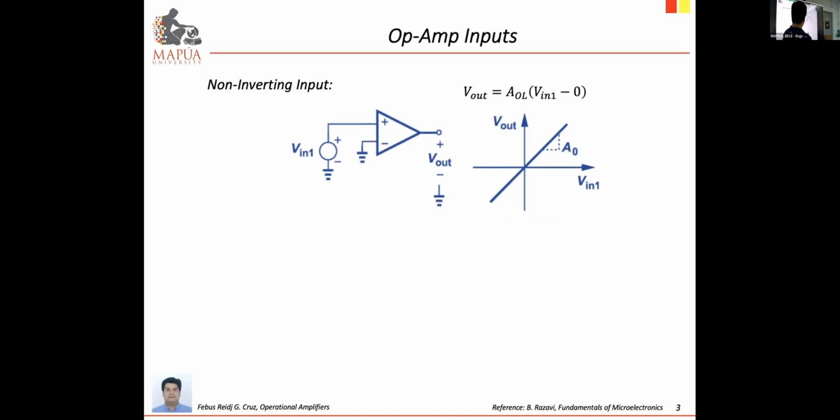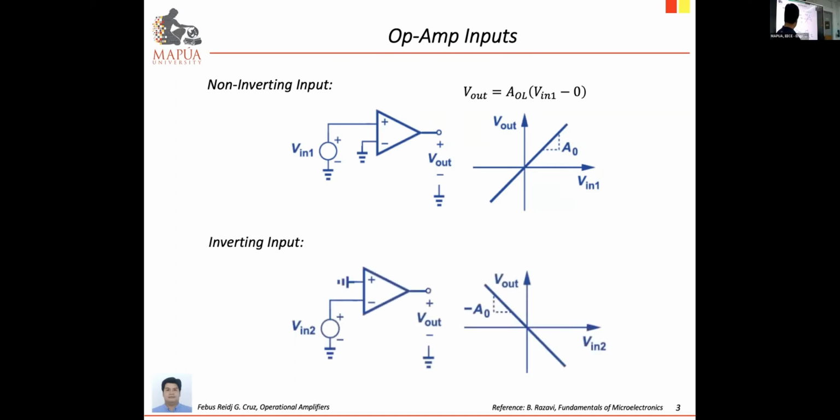So in this example, since the negative is connected to ground, we can have a transfer equation of Vout equal to open loop gain, since we don't have any feedback. So open loop gain multiplied by Vin1 minus 0. So Vout will be directly related or proportional with the input voltage.